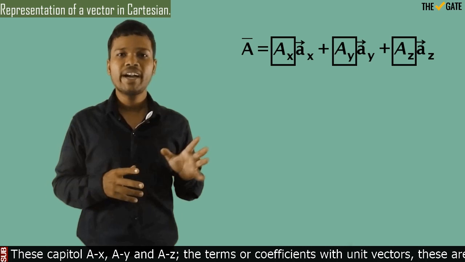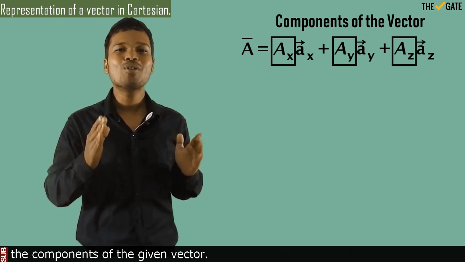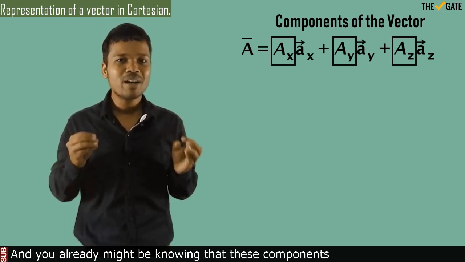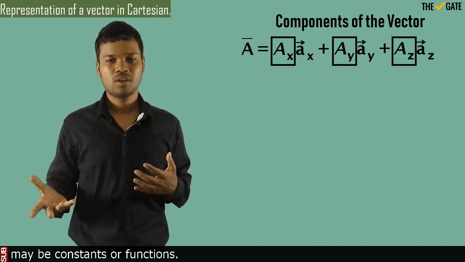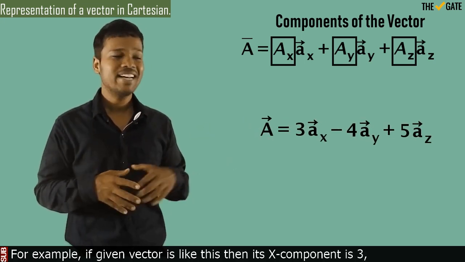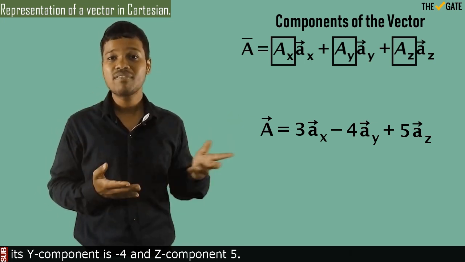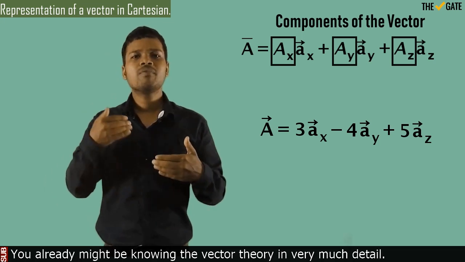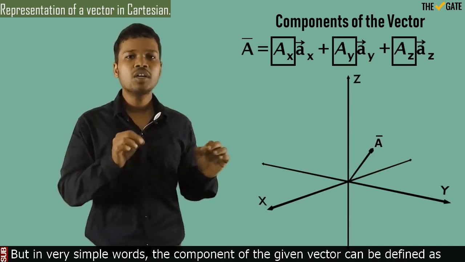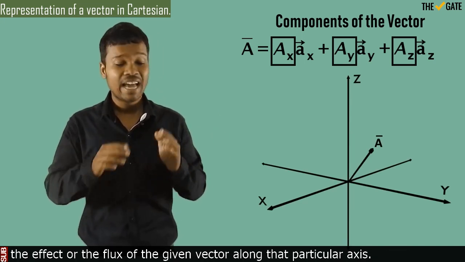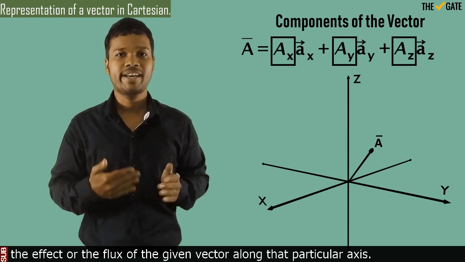These capital Ax, Ay and Az, the coefficients of the unit vectors, are the components of the given vector. And you might already know that these components may be constants or functions. For example, if the given vector is like this, then its x component is 3, its y component is -4, and its z component is 5. You already might know the vector theory in much detail, but in very simple words, the component of the given vector can be defined as the effect or the flux of the given vector along that particular axis.